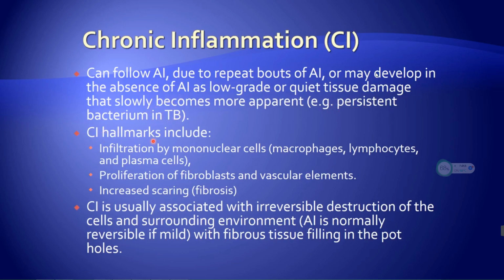The hallmark signs of chronic inflammation include the infiltration of mononuclear cells, and they include monocytes, of course, and specifically macrophages, lymphocytes, and plasma cells. Macrophages originate from monocytes, as well as dendritic cells too, but for this lecture we're just going to call macrophages and dendritic cells the same thing.